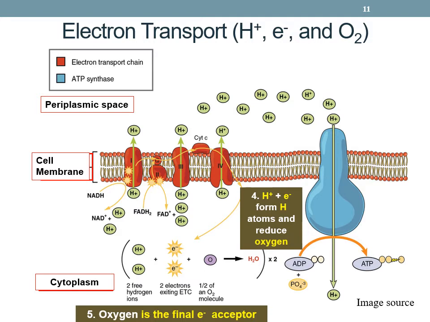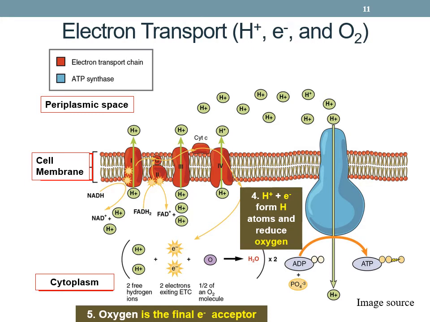So oxygen is considered the final electron acceptor because those hydrogens that are carrying the electrons bond to the oxygen, and the oxygen itself is accepting those hydrogens or electrons as we like to think of them. So this is why oxygen is very, very important in aerobic cellular respiration.